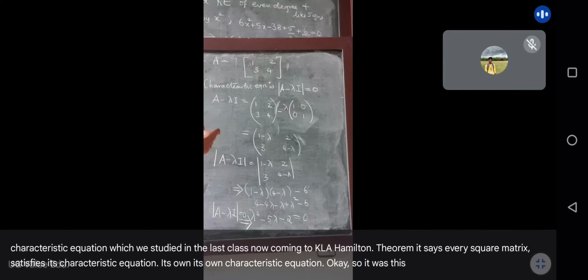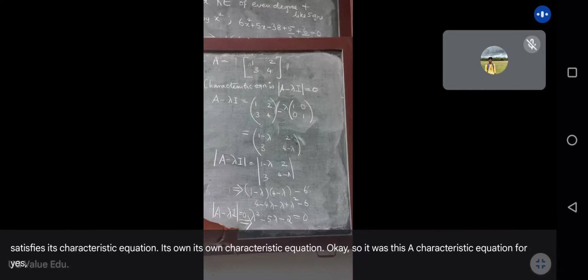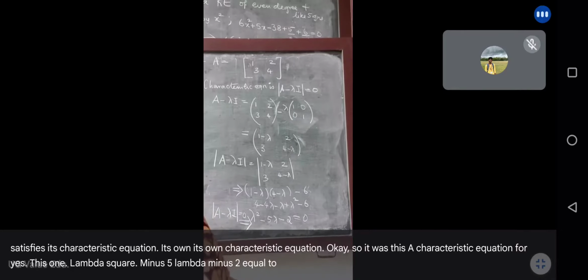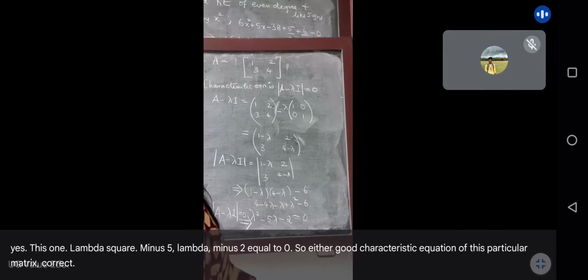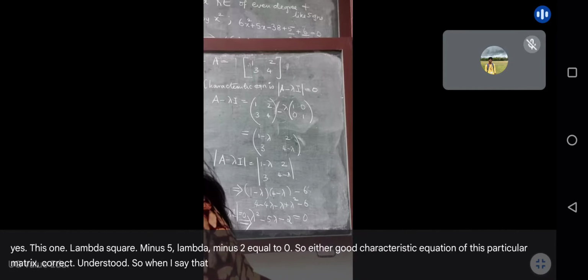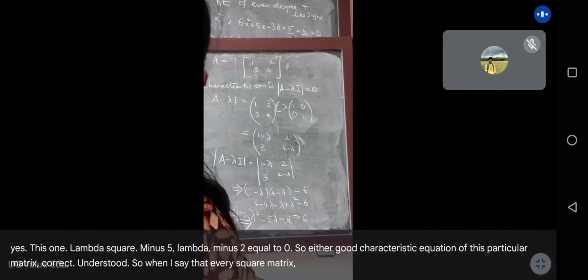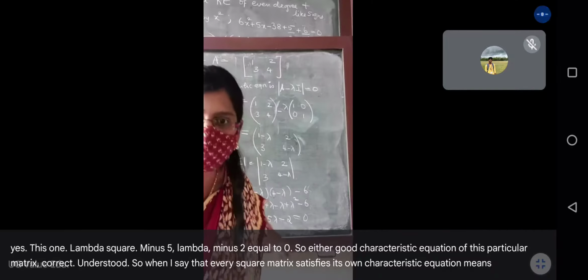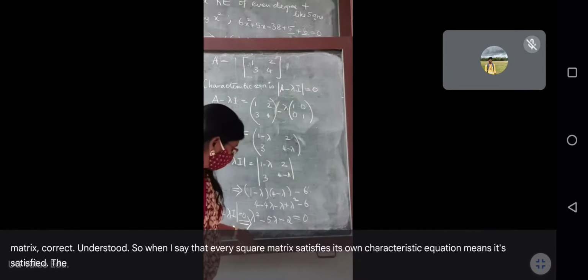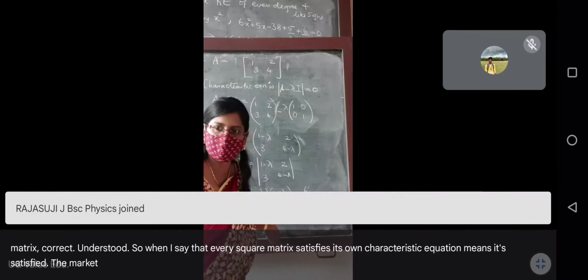The characteristic equation for A is lambda squared minus 5 lambda minus 2 equal to 0. Correct? Understood? So, when I say that every square matrix satisfies its own characteristic equation, it means the matrix A should satisfy this characteristic equation.